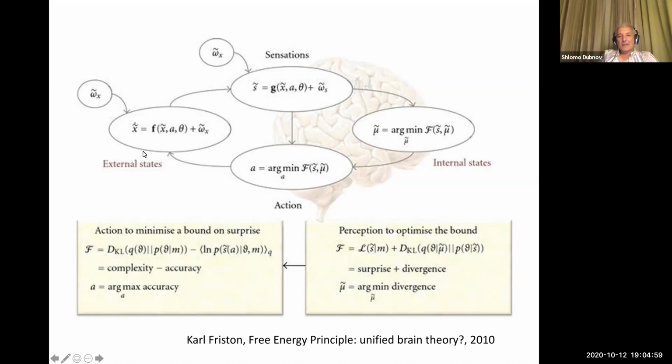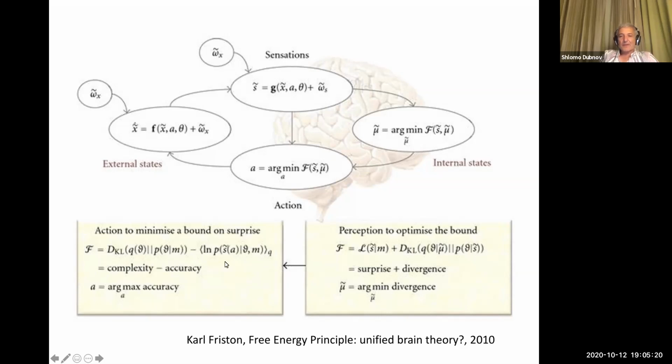The idea is that there are external states in the world, there are sensations, there are internal states, but there's also an action that actually goes and changes the world. And the two representations that we saw, one was surprise with divergence, and one was complexity minus accuracy.